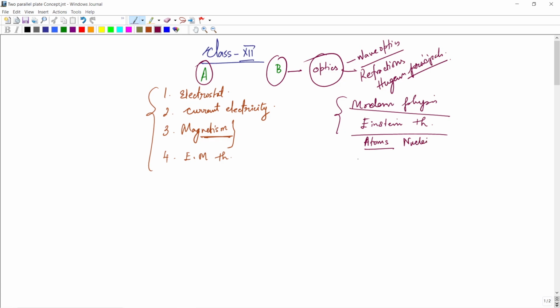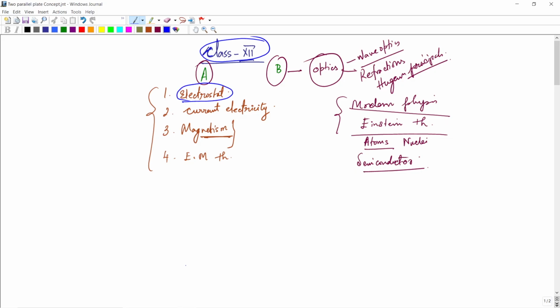And last is semiconductors. Actually, these are mainly the application portion. So this is our whole class 12 syllabus. Today we start electric charge and field, which is a chapter in the electrostatics portion.